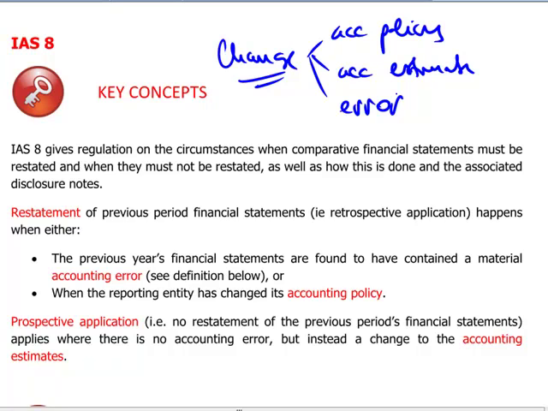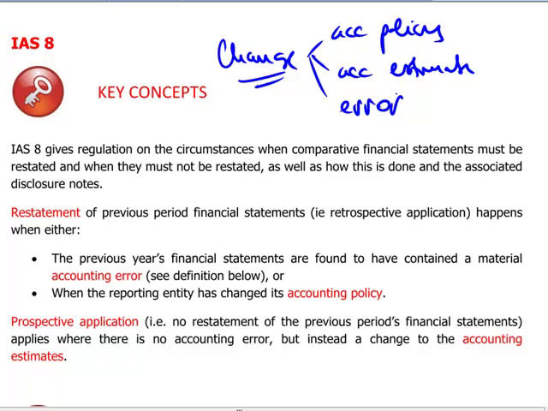One, when a new IFRS is actually released or an old IFRS is reviewed. So for instance, when IAS 10 with events after the reporting date was reviewed, it classified as a non-adjusting event the dividends which are declared after the year end but before the financial statements are authorized for issue.